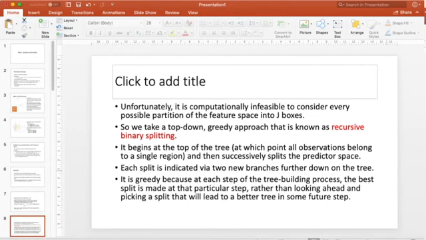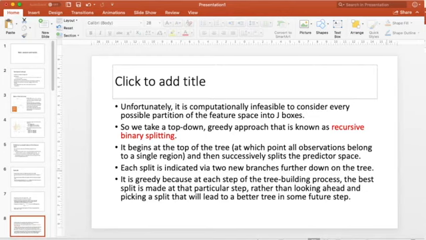Now imagine that you have all the variables in your hand, and you want to make the first split. So we begin at the top of the tree. We make the first split, and then after the first split, we make successive splits, and we go on until we stop at some stopping rule. Each split is indicated via 2 new branches further down the tree, and this method is called greedy.